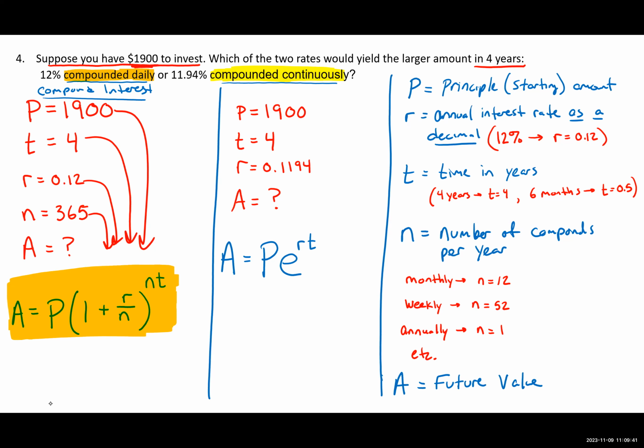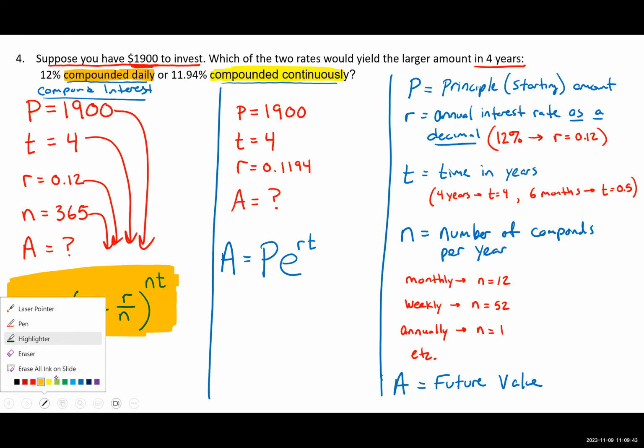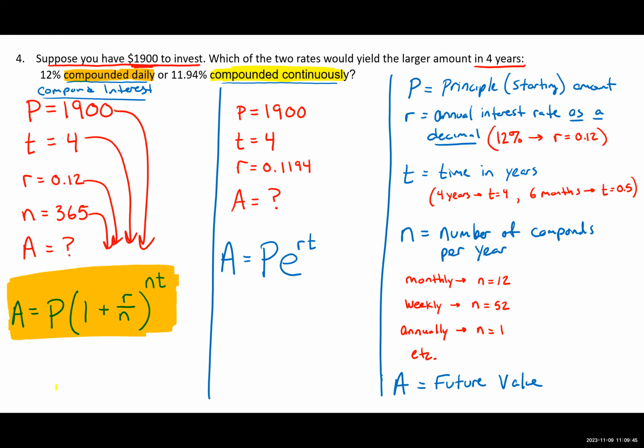But when you see the words, and again, this has to be given explicitly in the problem, compounded continuously, you are going to use the formula for continuously compounded interest. Now, this formula is not just used for interest, it's used for other things.